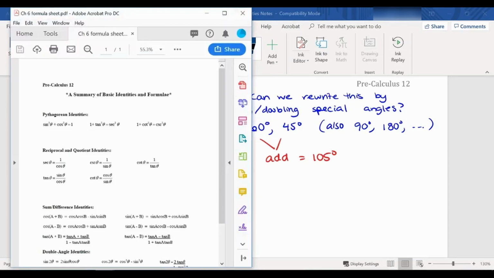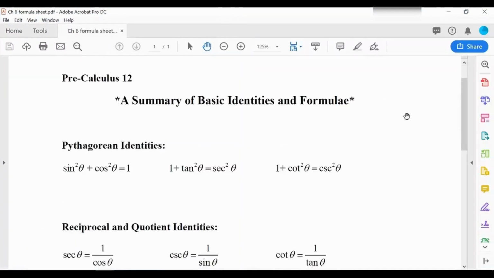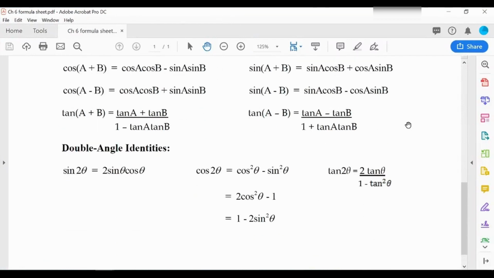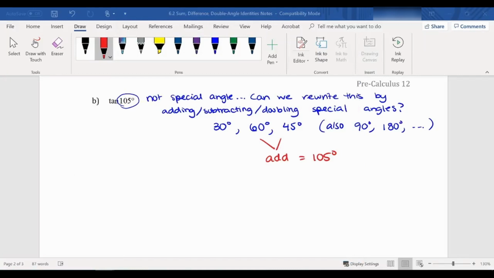There it is. So here's our formula sheet. And we decided to add those two together so we can see that that is right here. Okay. So I'm going to rewrite this on my notes here so that I can see it.